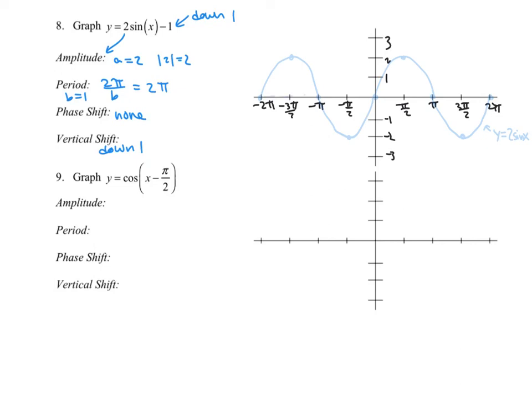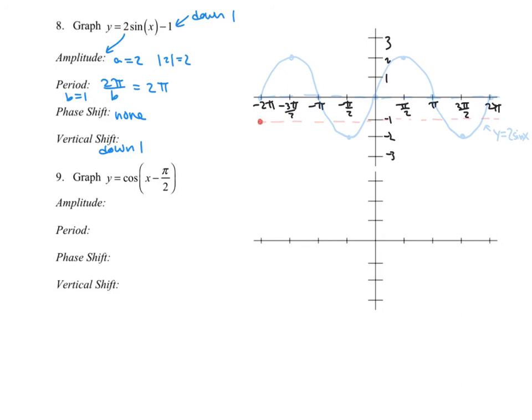Now the midline is on the x-axis right now. Since I'm shifting the whole graph down 1 unit, I'm going to start by redrawing my midline down 1 unit. This isn't an asymptote or anything. I'm just using it as a guide for where the middle of my graph is going to be before I plot my points for my final curve. So now I'm going to use an actual thicker writing utensil for my final points.